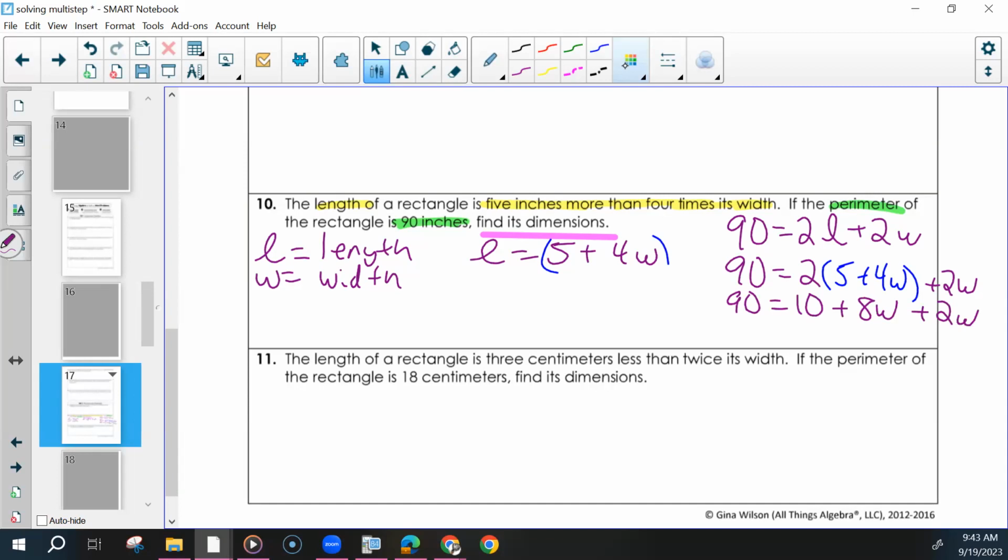Combine like terms. Subtract 10 on both sides. What is W? 8 what?